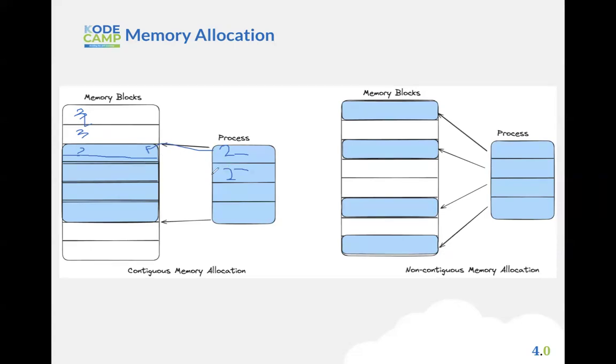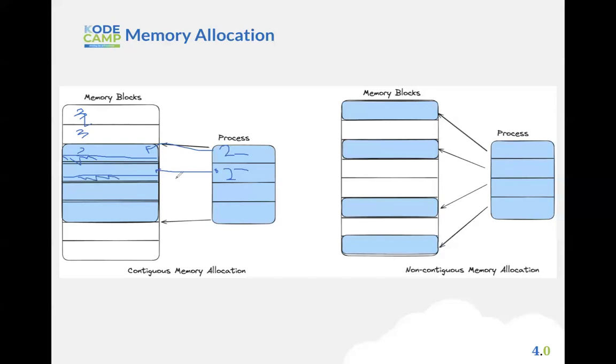To now allocate this other subroutine or this other process, it can't fit into this available memory space, but it has to go into this other space and still leave 1 MB of unused space here. These places of unused space are called fragments.